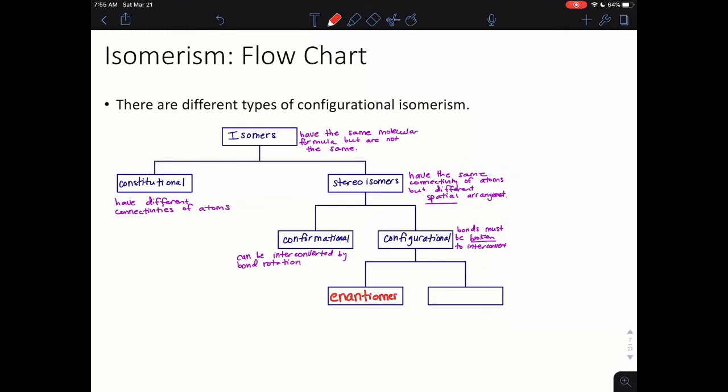One type is called enantiomers, and the other type is called diastereomers. Okay, so your example of enantiomers, those are those butanols that we looked at. And an example of diastereomers will be your cis and trans butene.